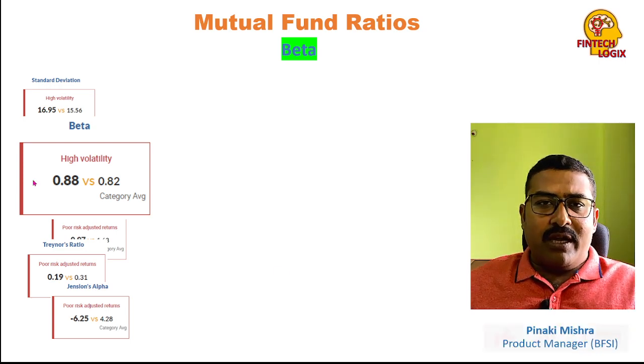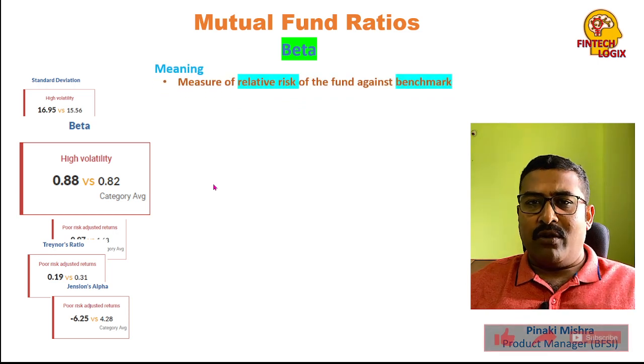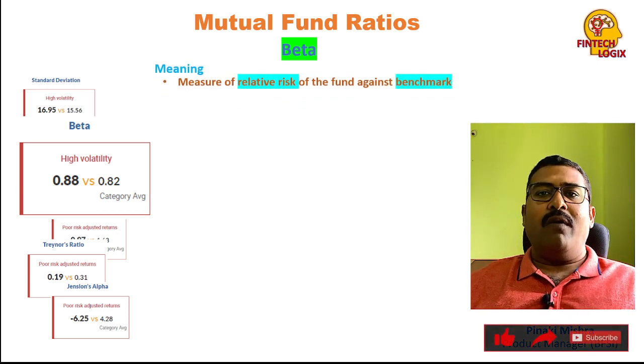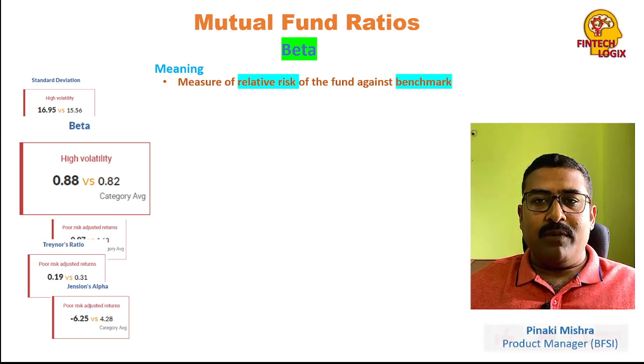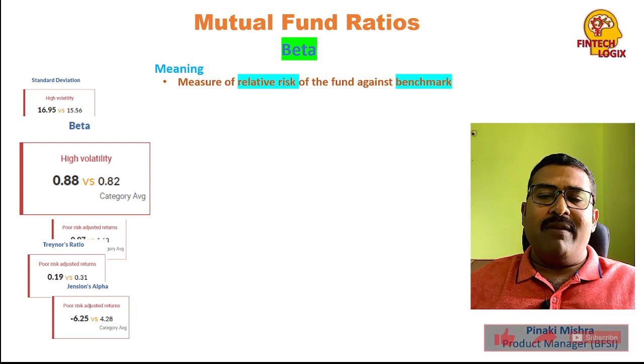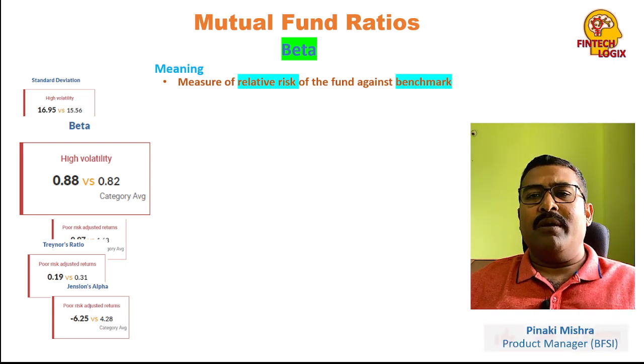So we are talking about beta. In short, the meaning of beta is that we are talking about the relative risk of this mutual fund against a certain benchmark. Normally for this analysis, the agencies map your mutual funds to a certain benchmark.